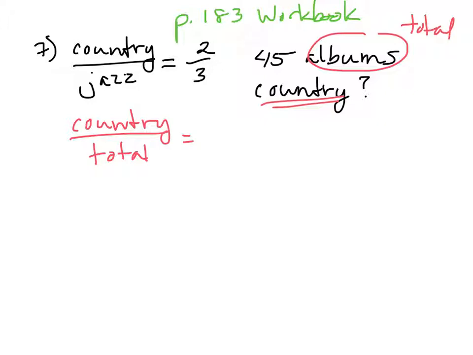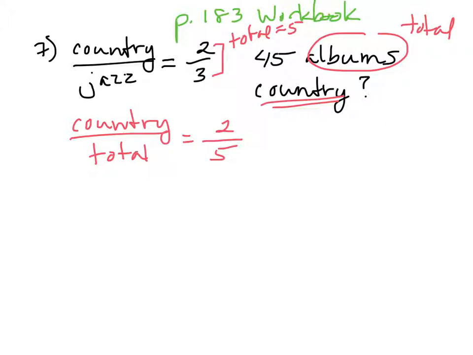Well, notice here that if we had 2 country records and 3 jazz records, how many total records would that be? So the total here equals 5. Our total for our records is 45. The reduced total is 5. So couldn't we put 5 here for our ratio total, but our country is 2.